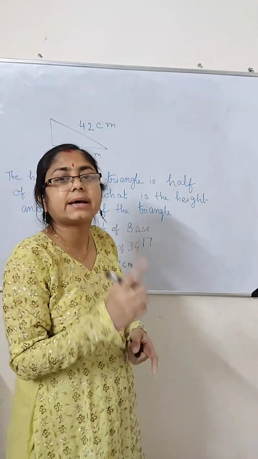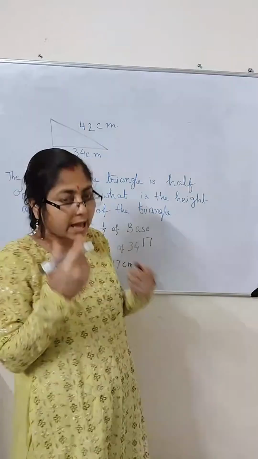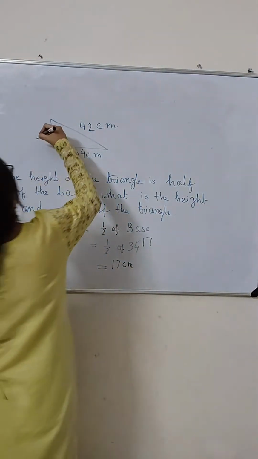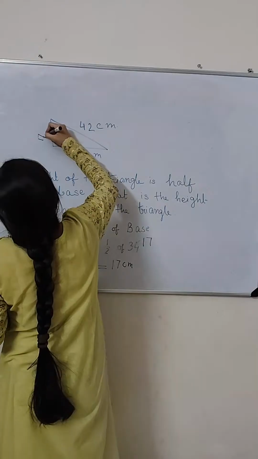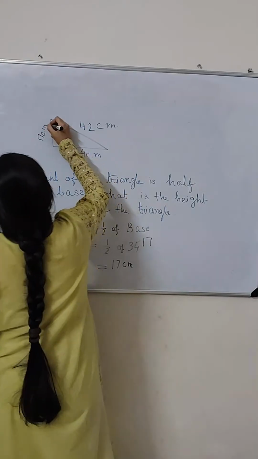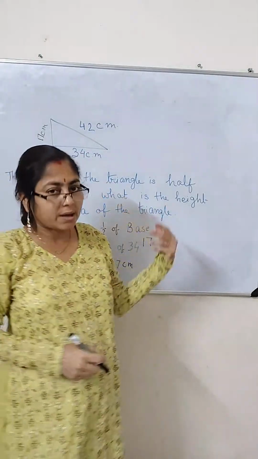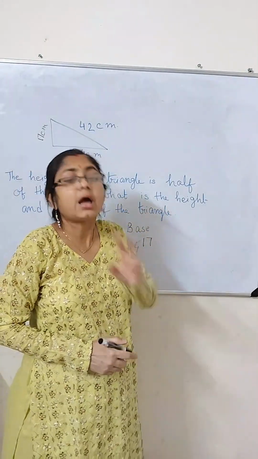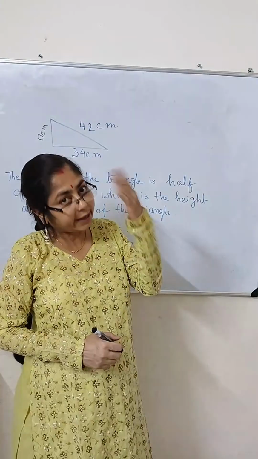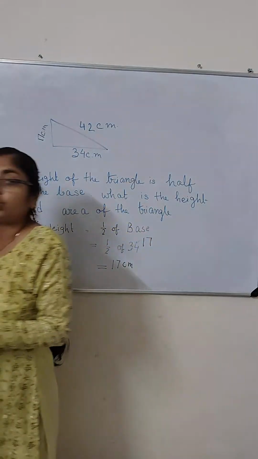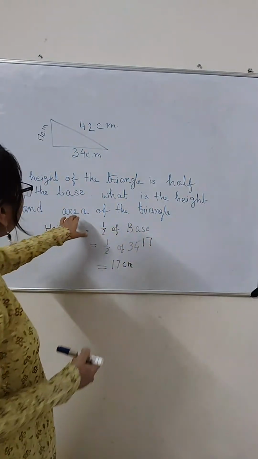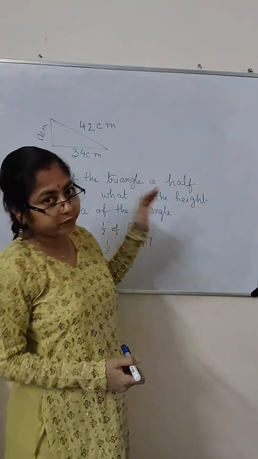Our one answer is what they ask, what is the height. So I write here 17 centimeter. Means if the marks is 5, then 2 marks is coming for the height. Okay. And 3 marks is coming for the area. Then I go to the next part.